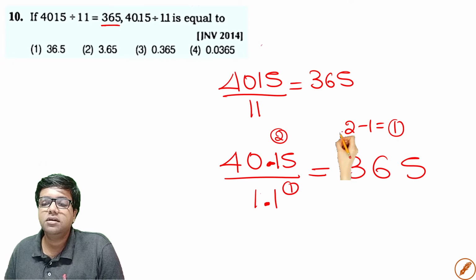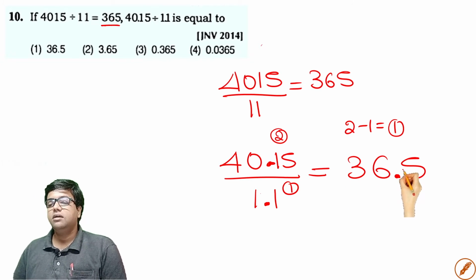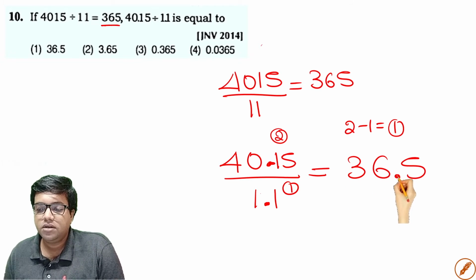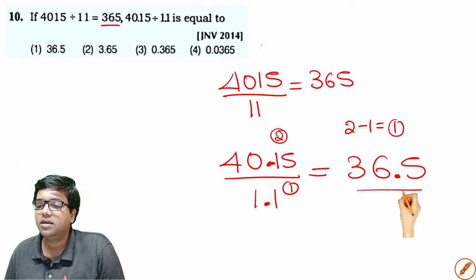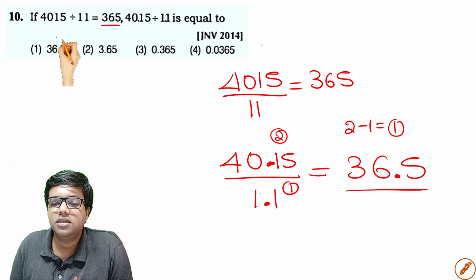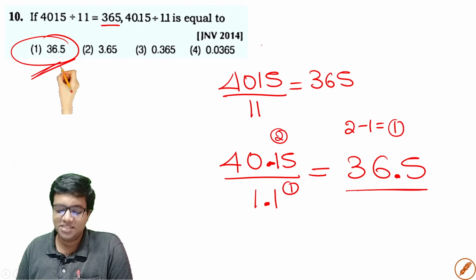So in the answer, 2 minus 1 will happen, which is 1. The answer will have 1 digit after the decimal point. So that is the point I'm making here. 36.5, option 1 is the right answer for this question.